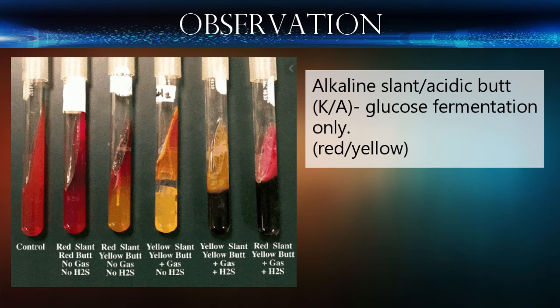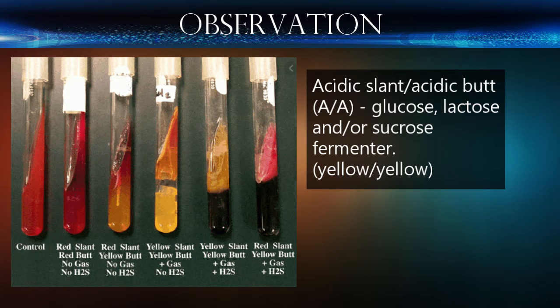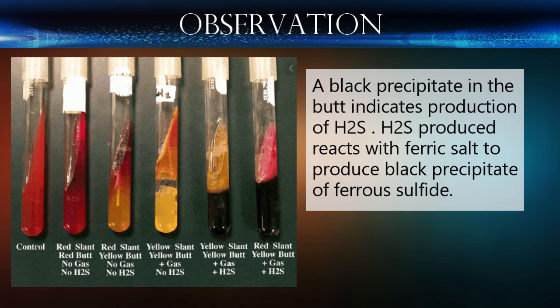Alkaline slant and an acidic butt, that is glucose fermentation only, appears as a red slant and yellow butt. Acidic slant and acidic butt, that is a glucose, lactose and/or sucrose fermenter, shows a yellow slant and yellow butt. A black precipitate in the butt indicates production of hydrogen sulfide.